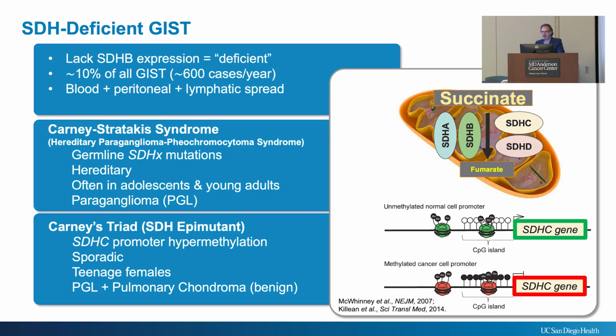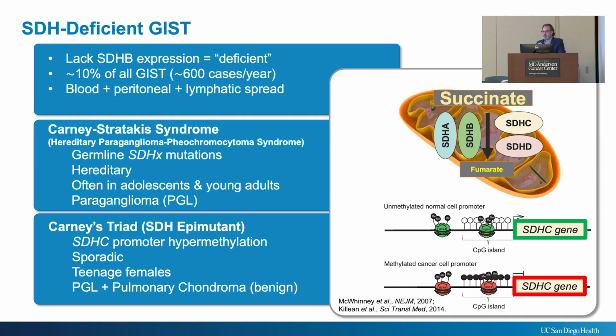And the SDH genes, there's basically 4 genes: SDHA, SDHB, SDHC, and SDHD. And basically during metabolism of sugar, they convert a molecule called succinate into fumarate. And this occurs in the powerhouse portion of our cells called the mitochondria.